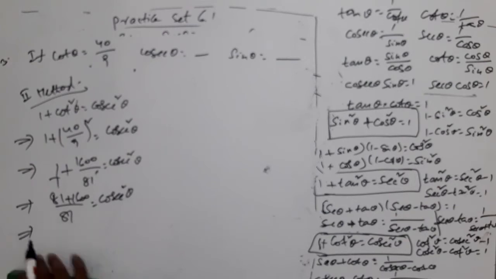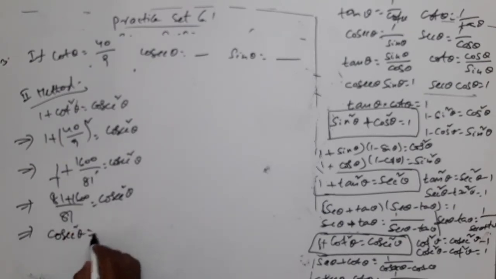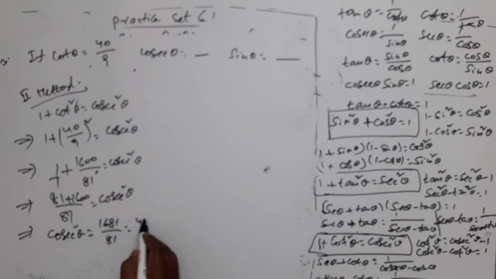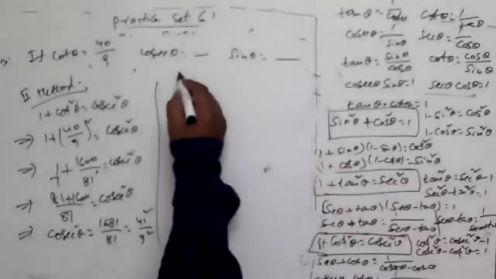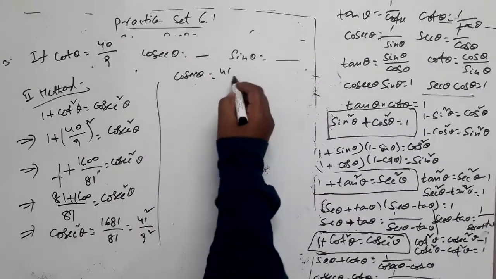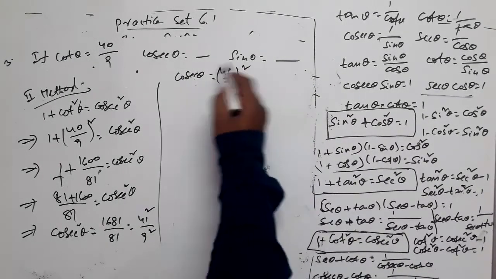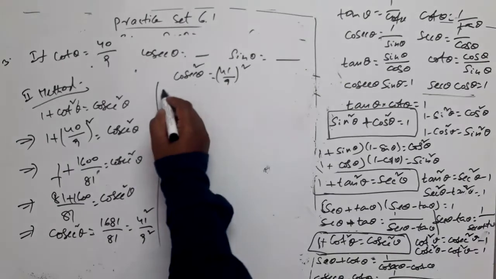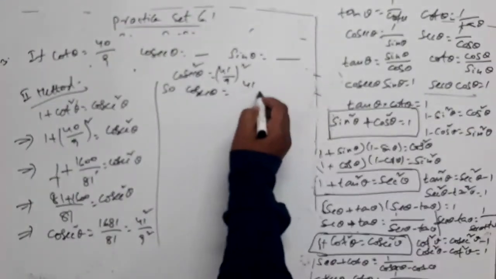From this, cosecant square theta is 1681 by 81. 1681 is 41 square. 41 square by 9 square is this. So from this, I got cosecant theta as 41 by 9 whole square. Of course, square of this is this. This implies cosec theta is 41 by 9.